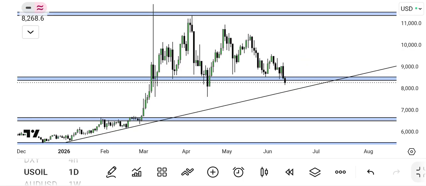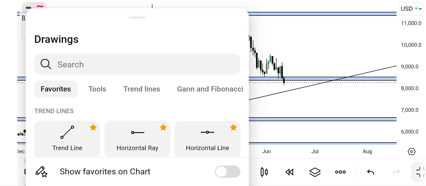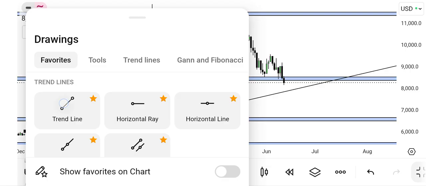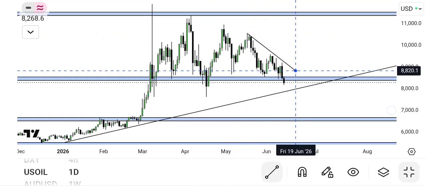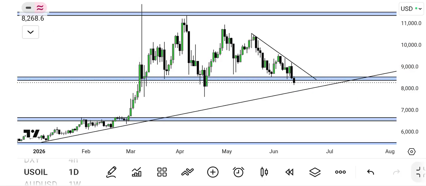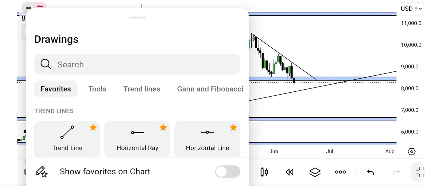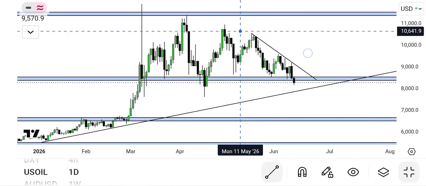Alright, so what I'll be expecting now, if I want to buy or sell: if it is for the buy, I'm going to be drawing a trend line at this point here. If I was to sell, you can see this is a trend line and this is another trend line.